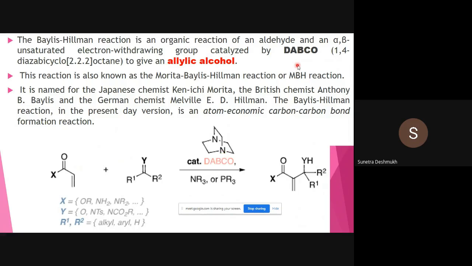The name DABCO is a common name. Its full name is 1,4-diazabicyclo, diaza meaning two nitrogen atoms at the first and fourth positions. It's a bicyclic system.